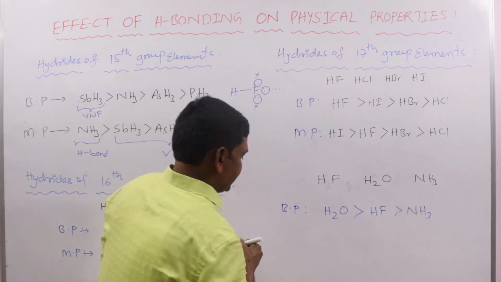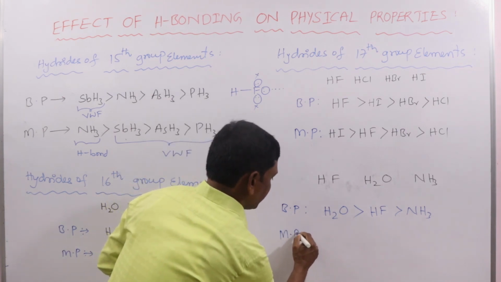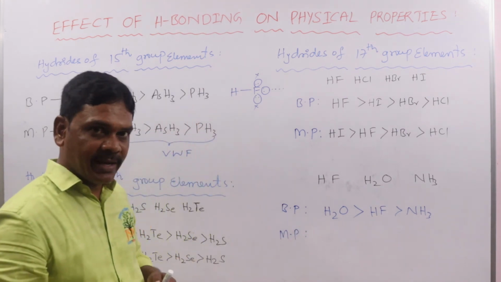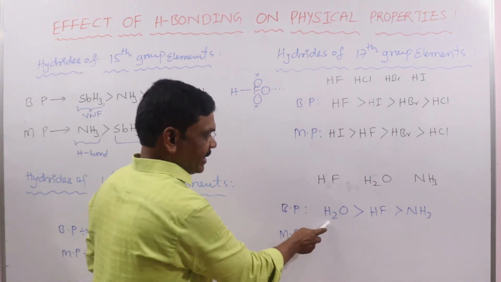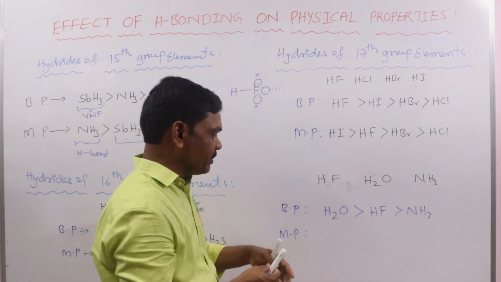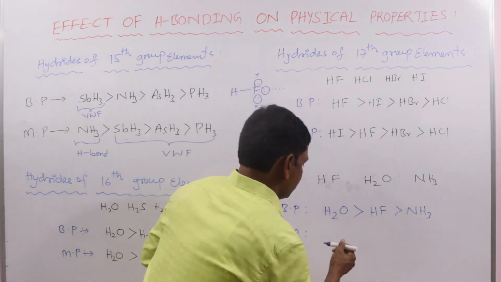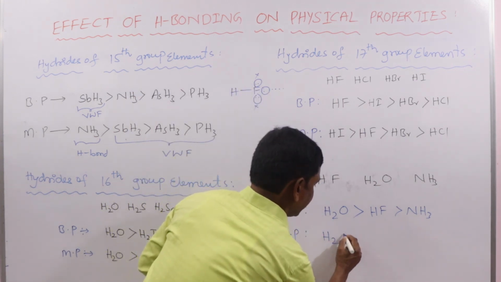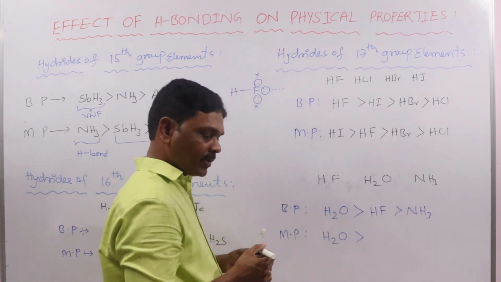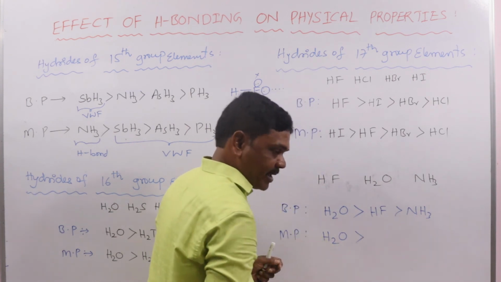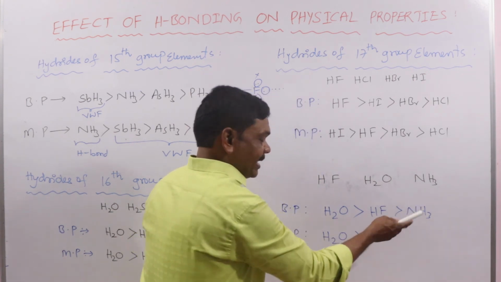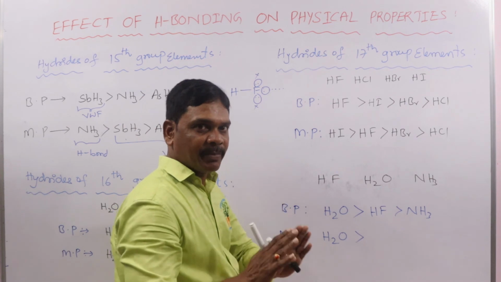So now next one is what? Melting point. So write the melting point regarding solid. Yes, here also same. Flipping is not possible in water, so again it has more melting point. Water is greater than. Now comparing these two, hydrogen fluoride and ammonia, in solid state, in ammonia also flipping is not possible.